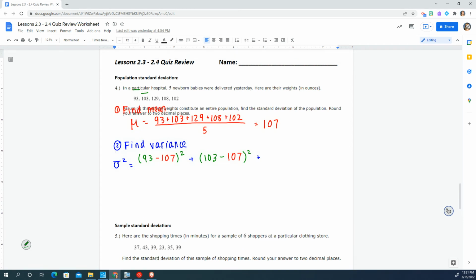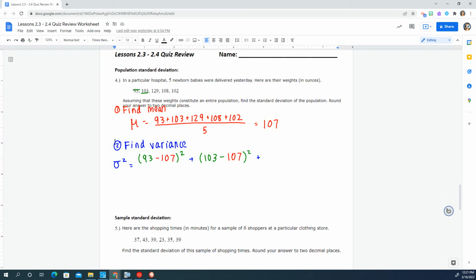So then my next data entry is 129. How far does that deviate from the mean? Square that. Last one.